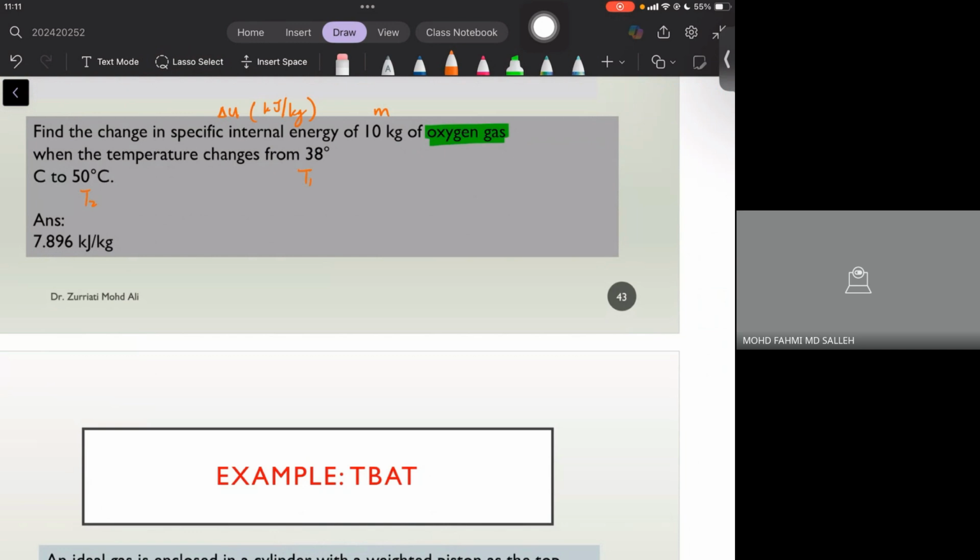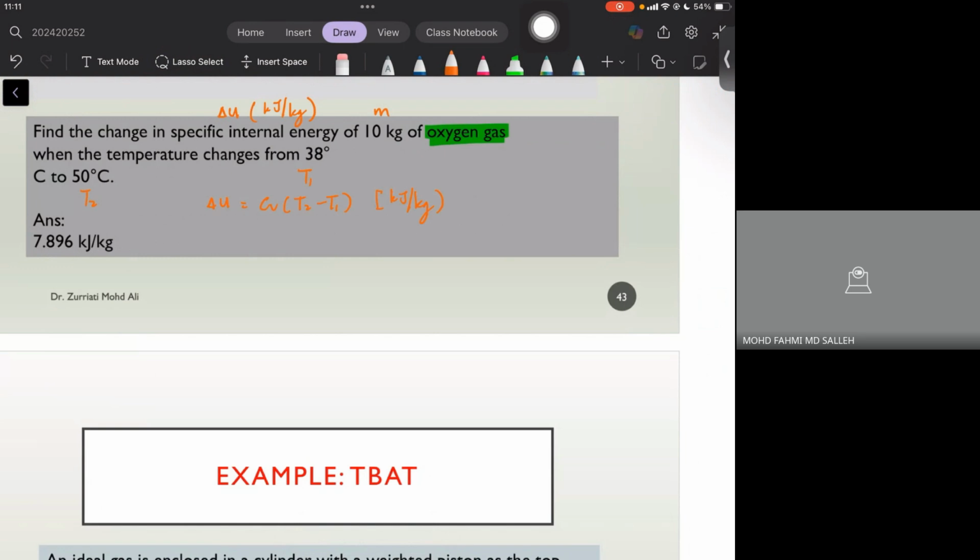So for this, we know that to find the change in the internal energy, Δu is equal to Cv ΔT. So this will give you the unit of kilojoule over kilogram.